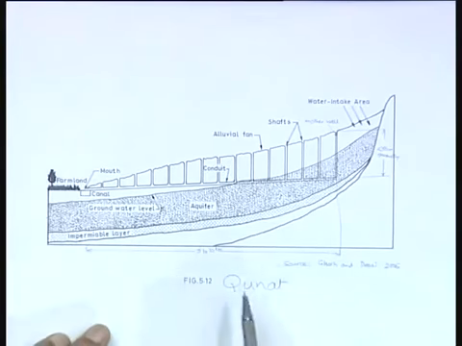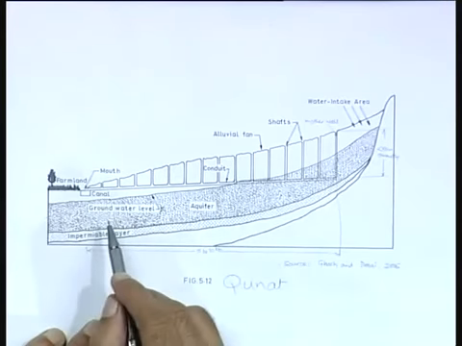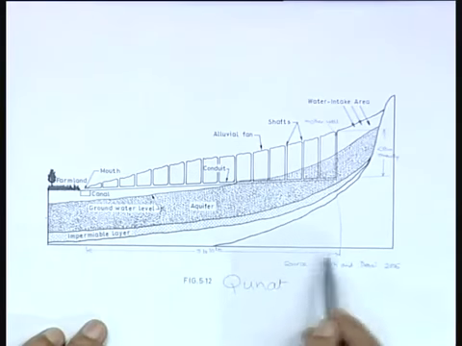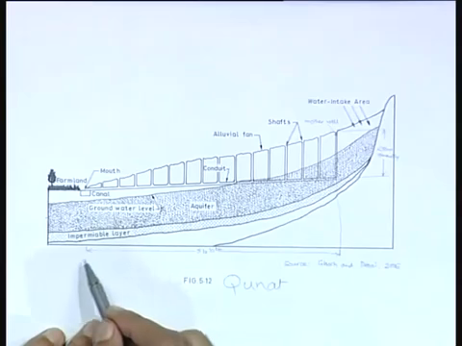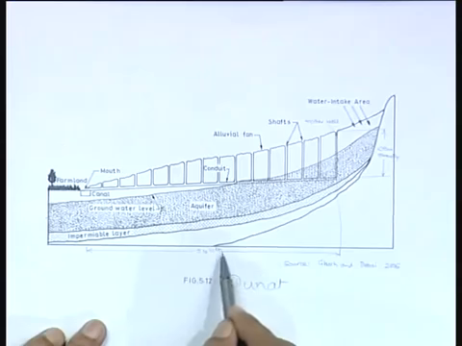This was very much perfected by people in Iran almost 3000 years back. The length of a qanat is of the order of 5 to 30 kilometers.